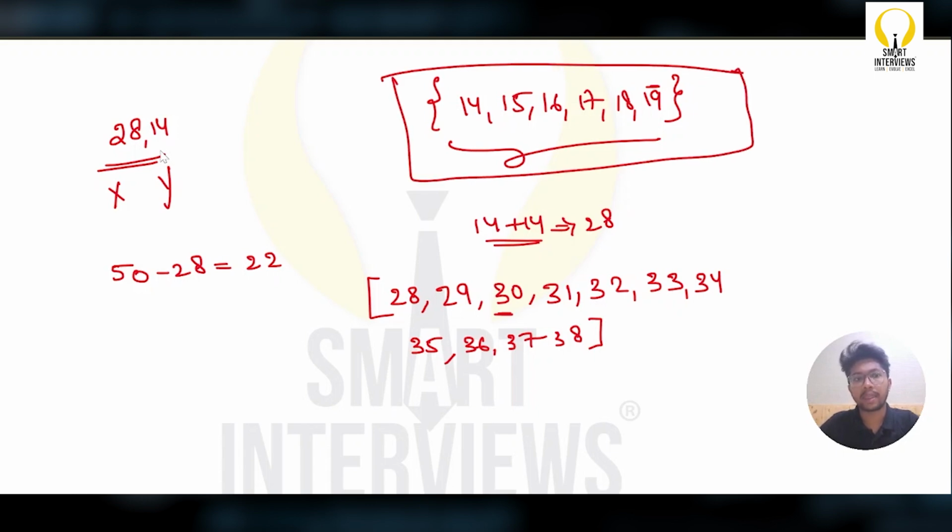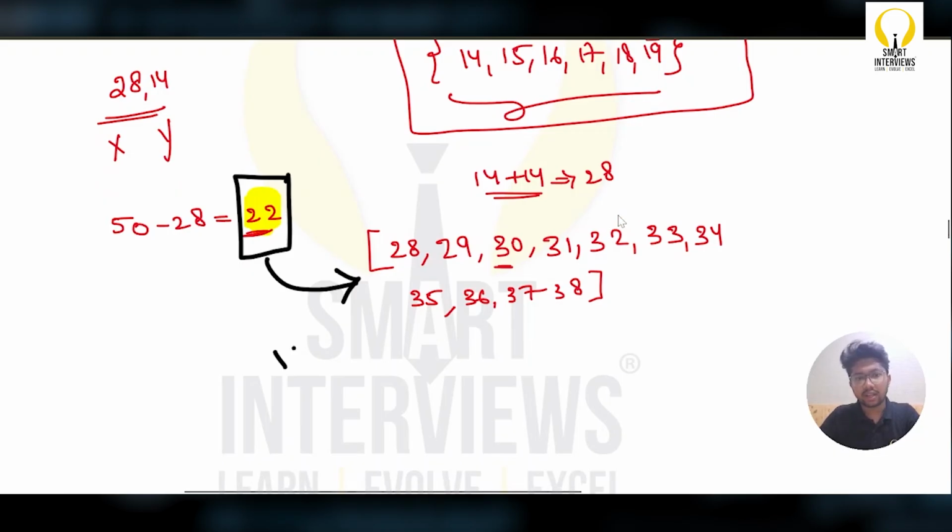Now, what is the required number here? The required number is 22. Simply, I'll check whether 22 lies in this range or not. If it lies in this range, print yes, or else no. How do we get this range?